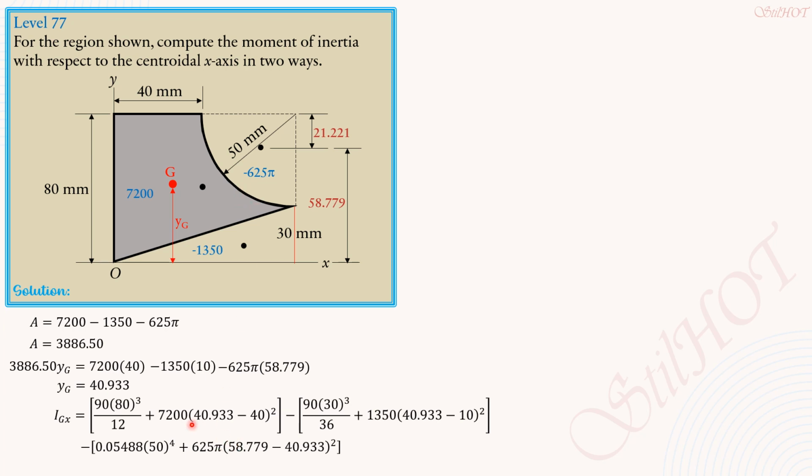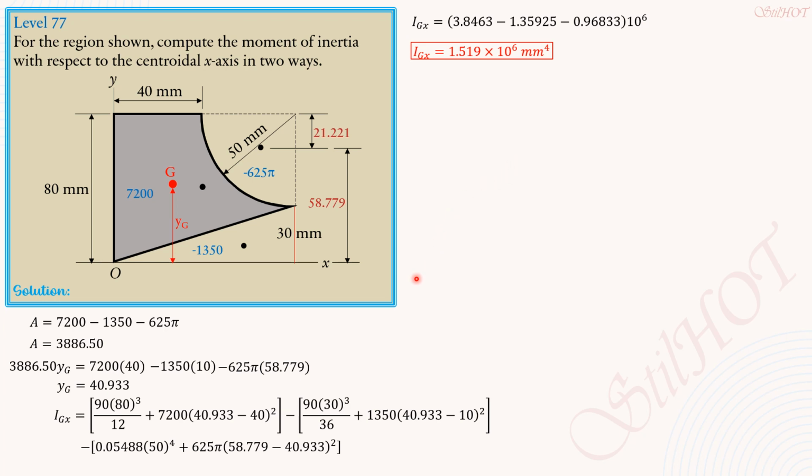I hope that you were able to follow this, especially the moment of inertia with respect to the centroidal axis. So computing in scientific notation times 10 to the 6 individually, we have 3.8463 minus 1.35925, and the third one minus 0.96833 times 10 to the 6. So IGX is equal to 1.519 times 10 to the 6 mm to the fourth.